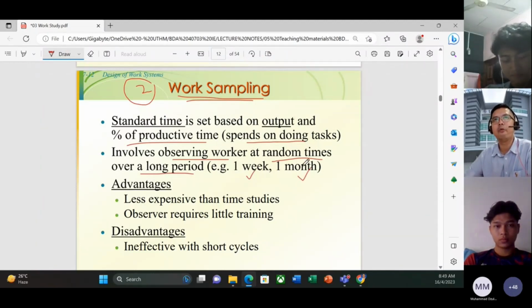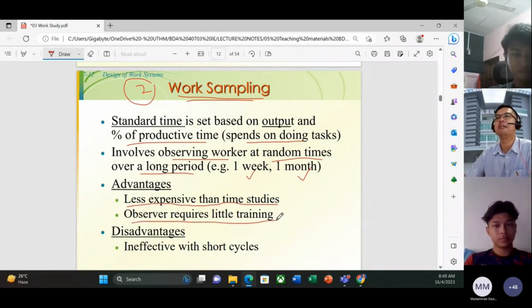The advantages of using work sampling: it is less expensive compared to the time study. Another advantage is that the observer requires little training, compared with the time study, which requires much more experience and training in order to perform.